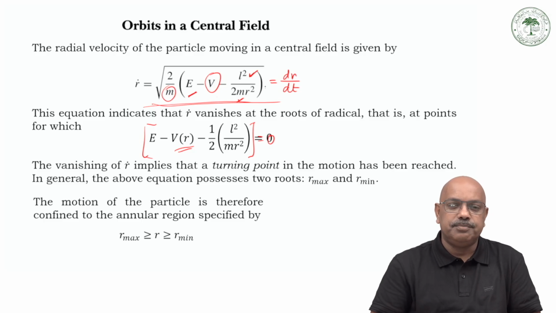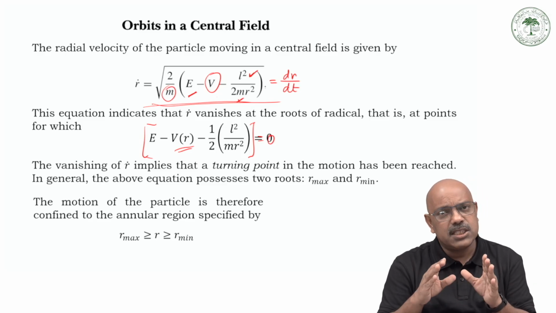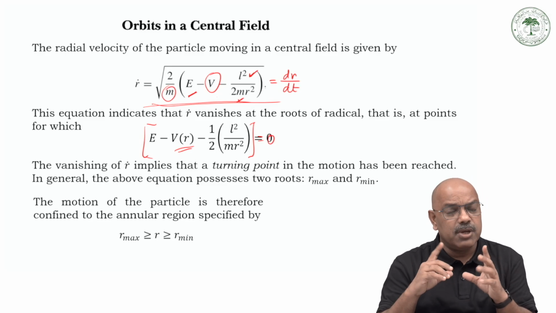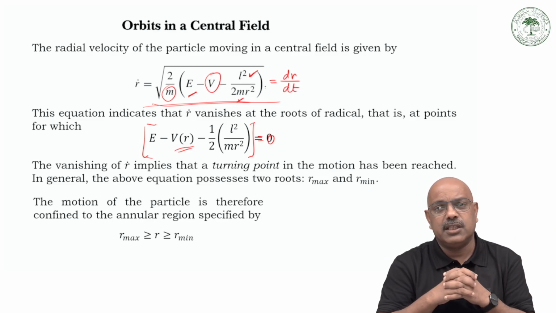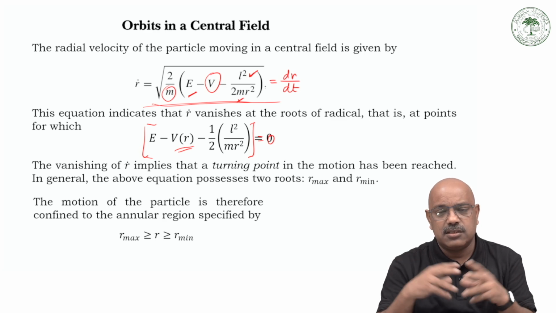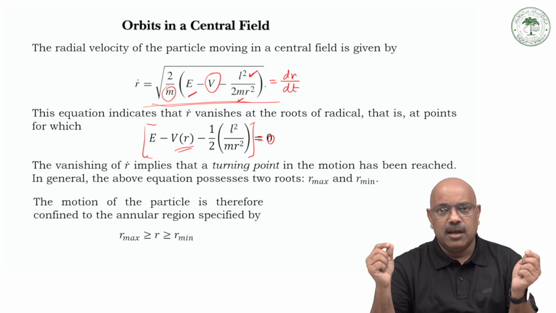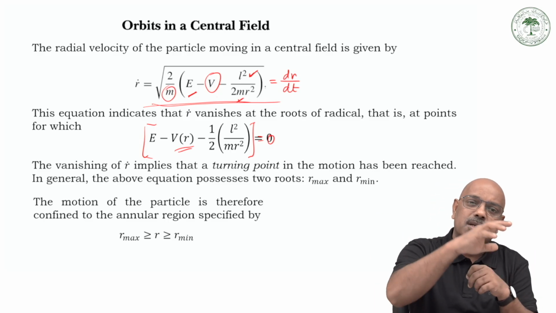This turning point can have two roots, the r maximum and the r minimum. If you recall from the previous lecture, these are the apsidal distances or apsidal vectors, that is, the distance of the force center from the turning points.